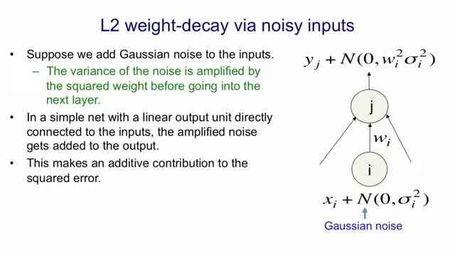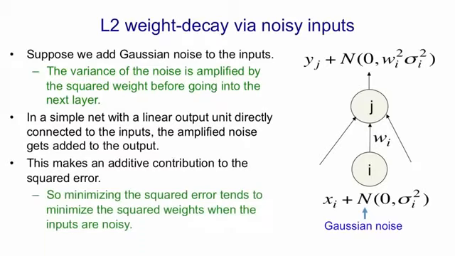This additional variance makes an additive contribution to the squared error. You can think of it like Pythagoras' theorem: the squared error is going to be the sum of the squared error caused by y_j and this additional noise, because the noise is independent of y_j.